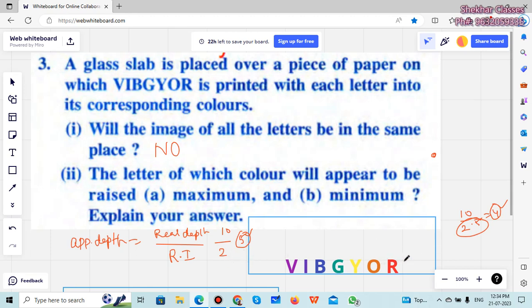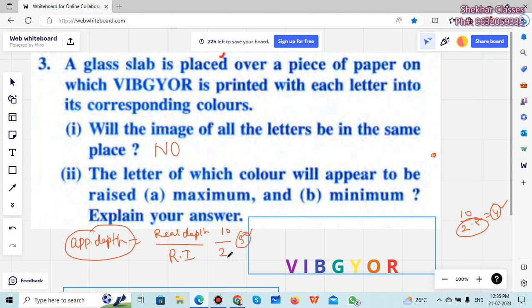In case of red, if the refractive index of red is the least, say for example 1.25, the apparent depth will be around 8. So it depends upon the refractive index. Violet has the smallest wavelength, so it has the lowest velocity of light and therefore the highest refractive index, and therefore it will have the lowest apparent depth.